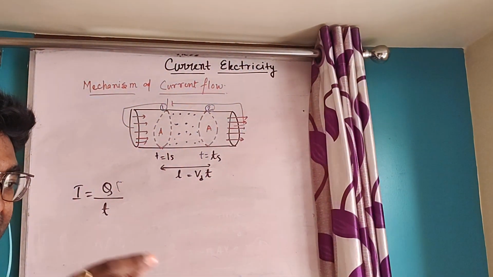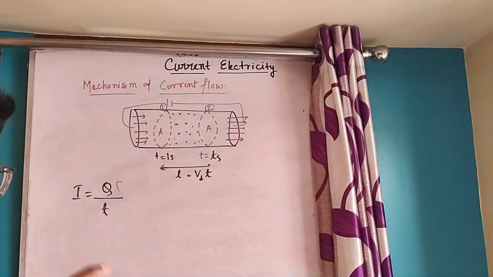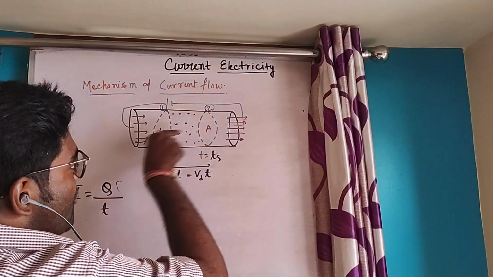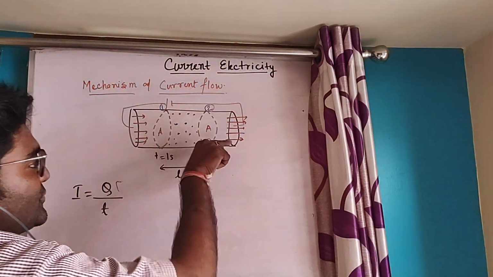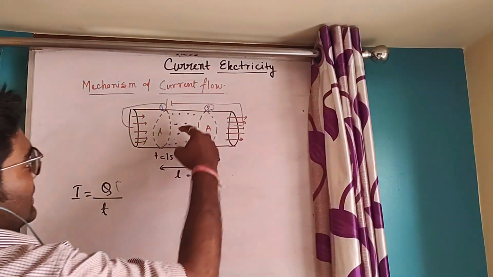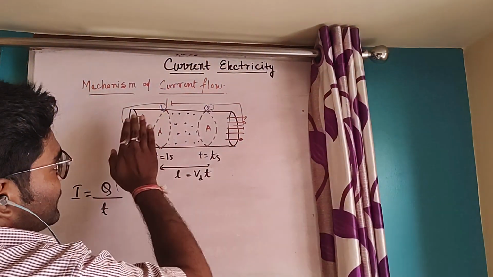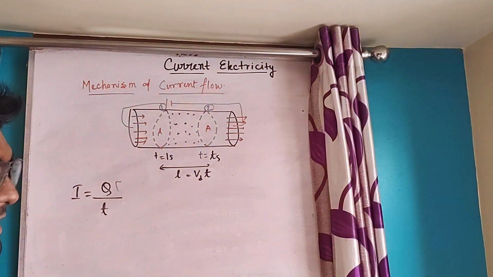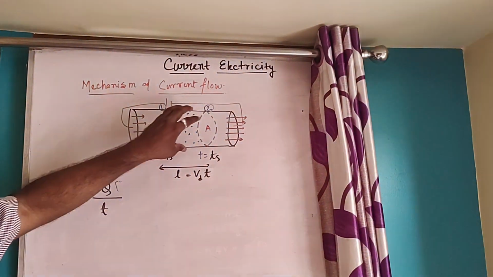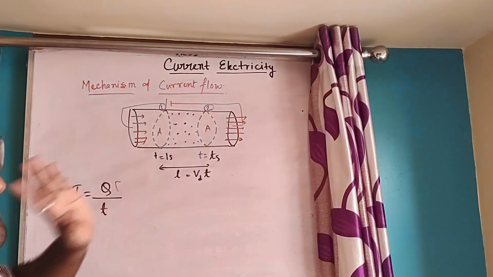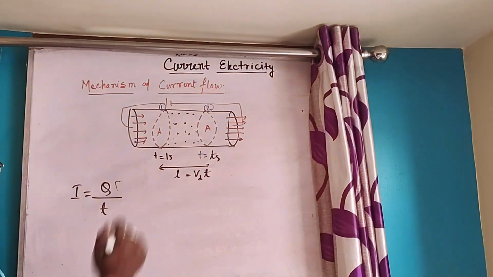At time interval t, how many electrons are passing through this surface? This number of electrons will pass through this surface at time t second.